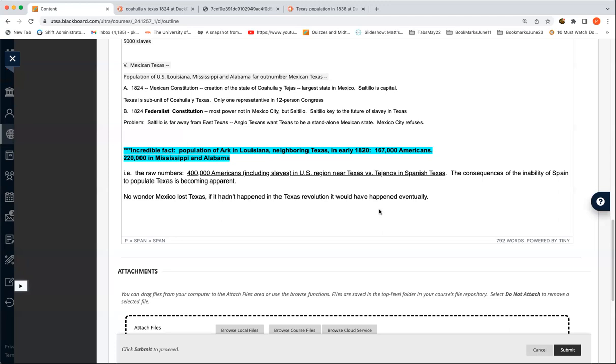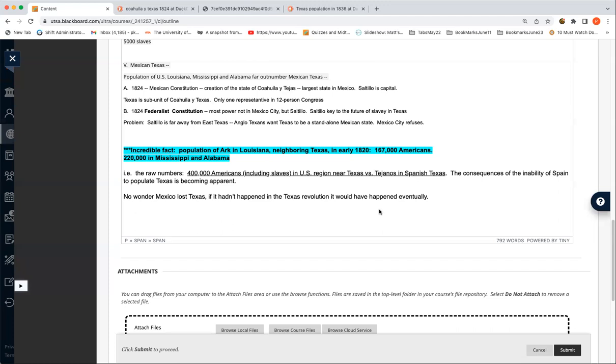And as I'll talk about in great detail, by 1820, Texas is depopulated. I have a figure in front of me if you're looking at your screen. By 1820, there are 167,000 Americans in Louisiana and 220,000 in Mississippi and Alabama.